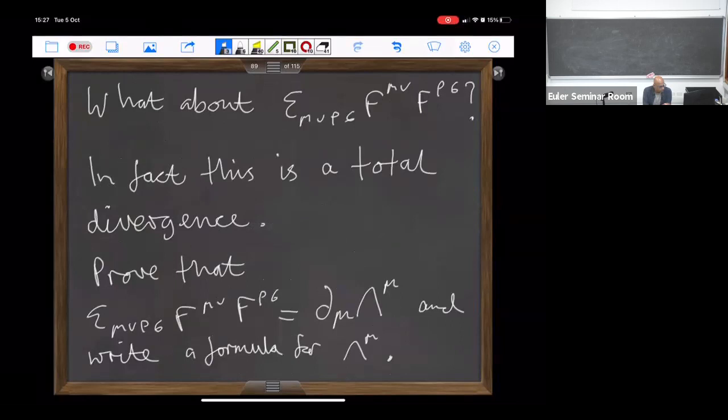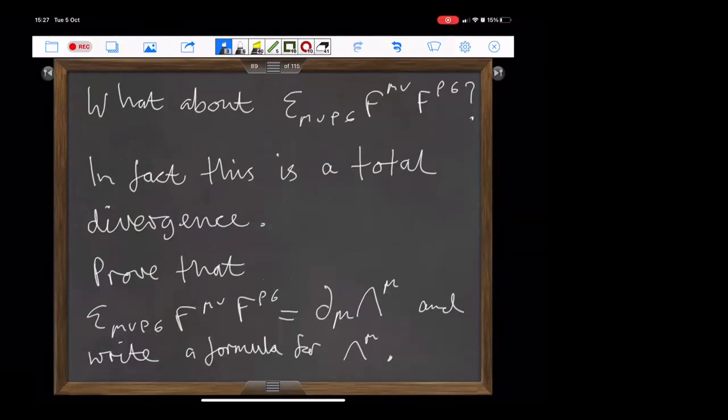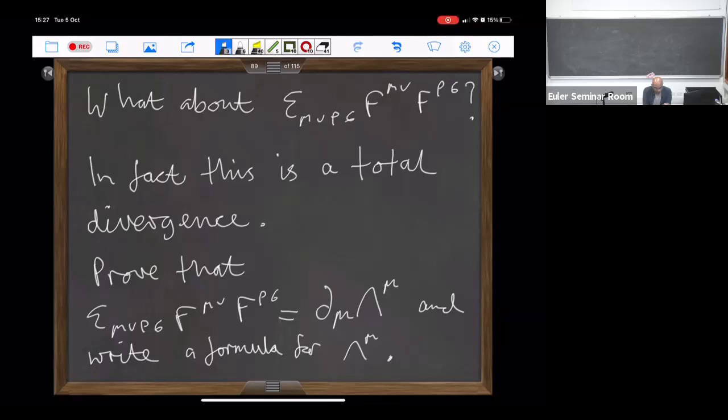So it must be gauge invariant. It is gauge invariant, as you will see when you do the exercise. Yeah, okay.